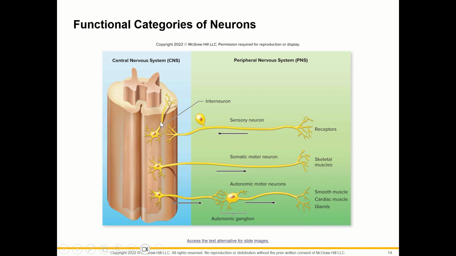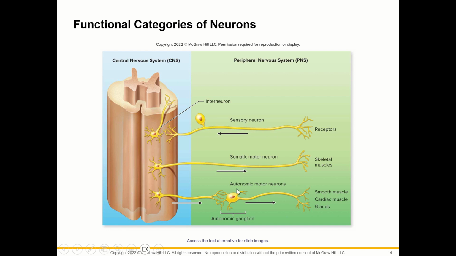Here's one of those interneurons that's going to link the sensations up towards the brain for processing, and then you'll have interneurons that are going to bring that information back down from the brain, and it's going to connect either with a somatic motor neuron if it's going to a skeletal muscle, or autonomic motor neurons if it's going to either smooth muscle, cardiac muscle, or glands.